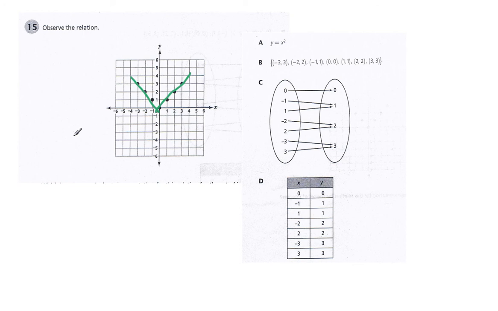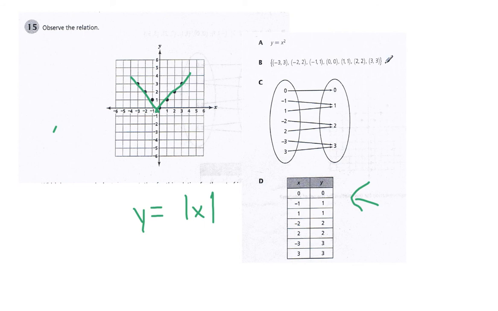So if we look at our positives, I have to make the chart because the chart's right here. 0, 0, negative 1, 1, 1, 1, negative 2, negative 2, 2, 2, negative 3, negative 3. Okay, so we get an equation that looks kind of like y equals, and really it's just the absolute value of x.